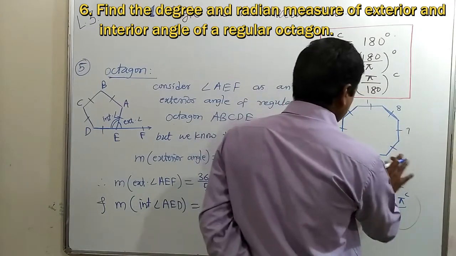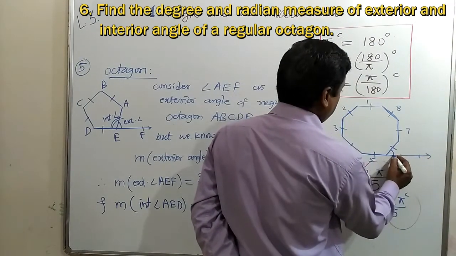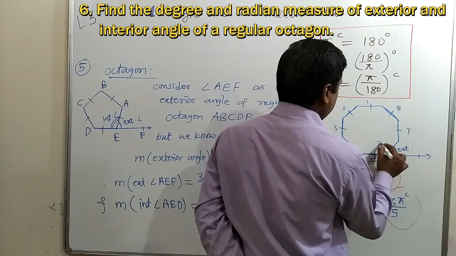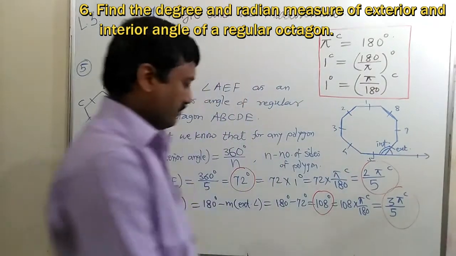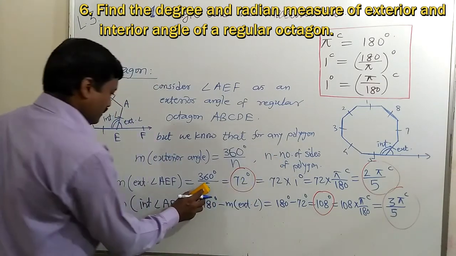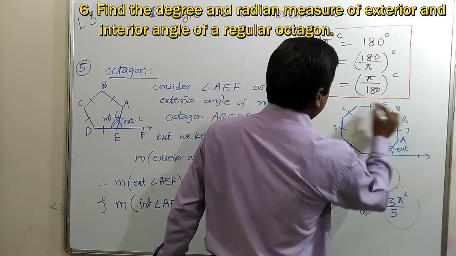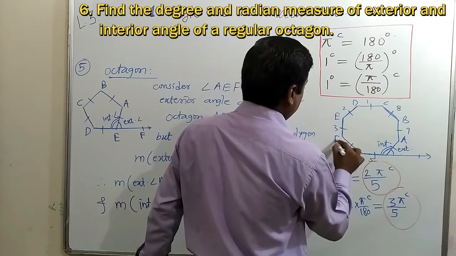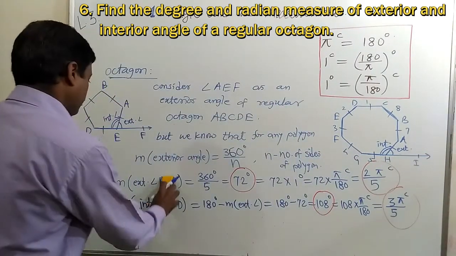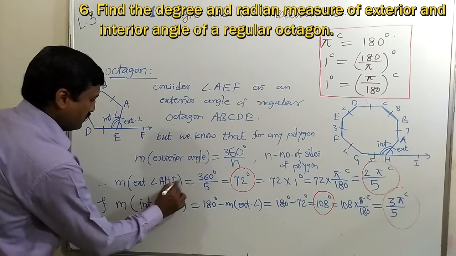So the measure of exterior angle, this will be its exterior angle, and this will be obviously interior angle. Here the number of sides for this octagon is equal to 8. Suppose once again A, B, C, D, E, F, G, H. So our angle is AHI.